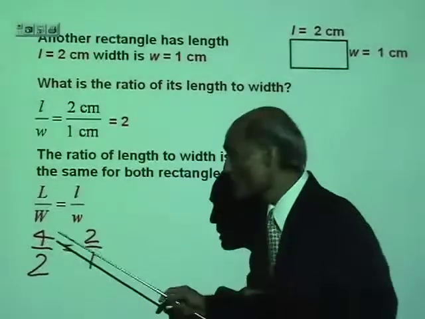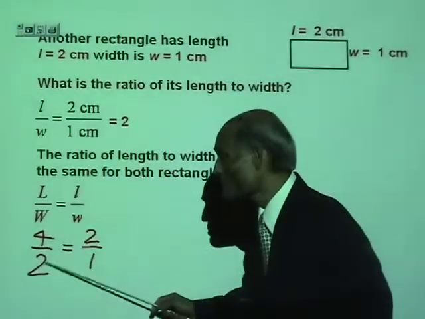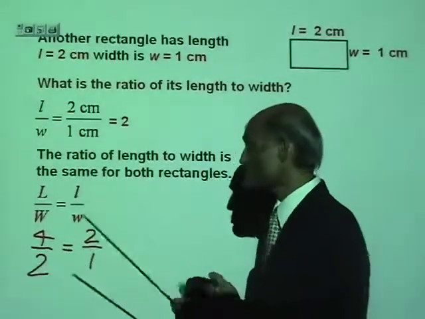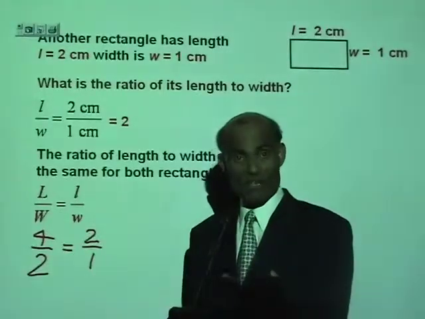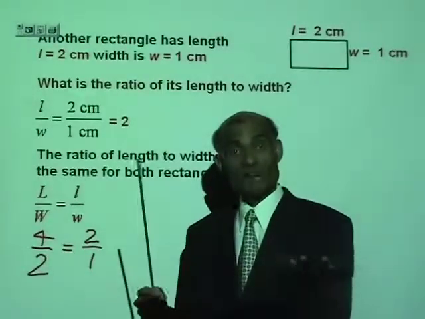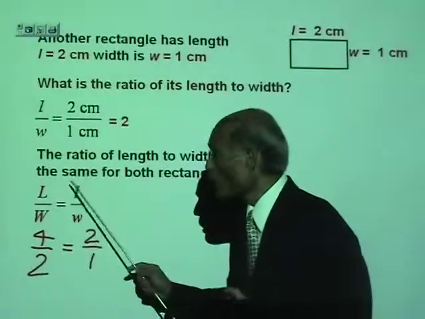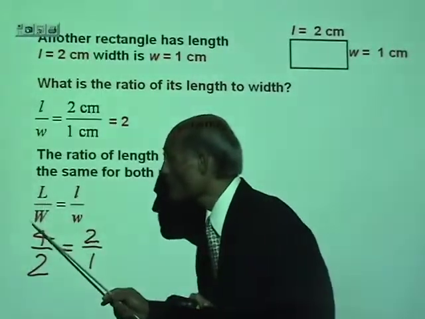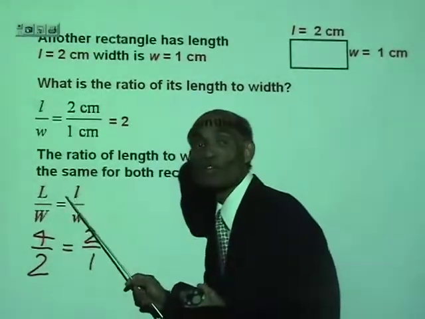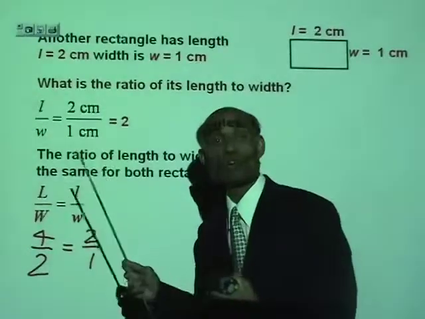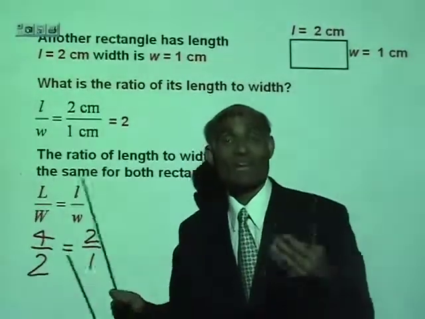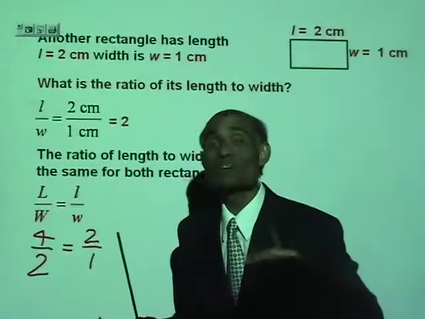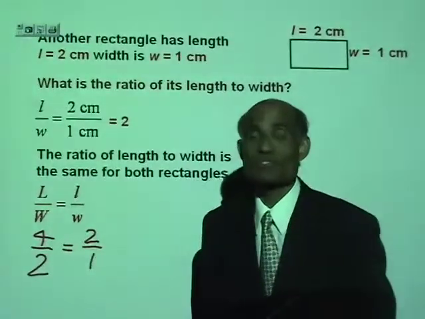What all it means is 4 divided by 2 is the same as 2 divided by 1. Is that right? Yes, that is correct. So the ratio for the bigger rectangle is the same as the ratio for the smaller rectangle. Length is twice the width in both cases.